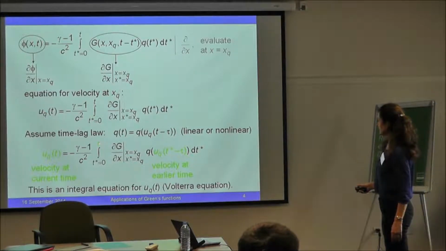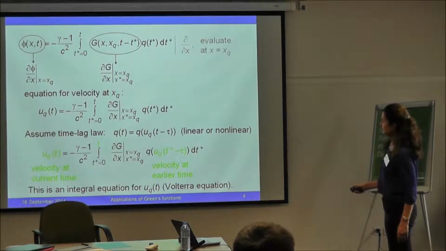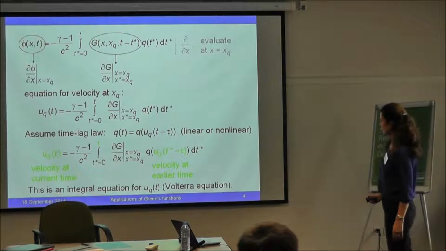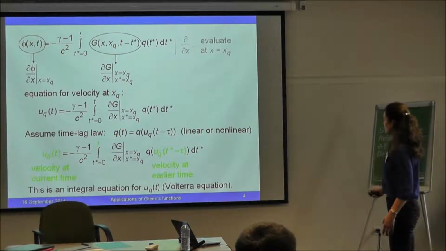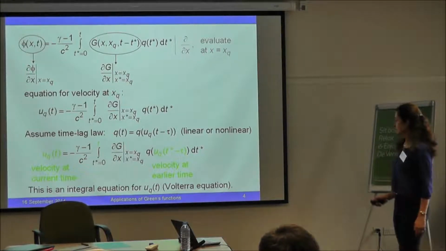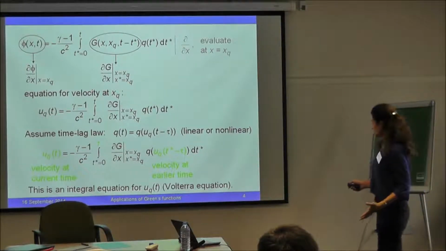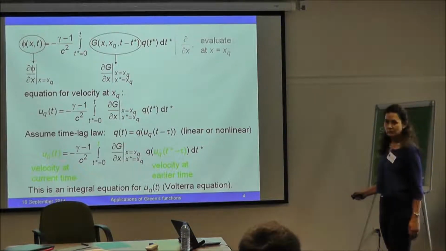The highest time is t minus tau, which is still earlier than this velocity. So we have related the velocity at the current time to the velocity at earlier times, and the Green's function we know. Basically what we've got here is an integral equation for the velocity, for the u_q.